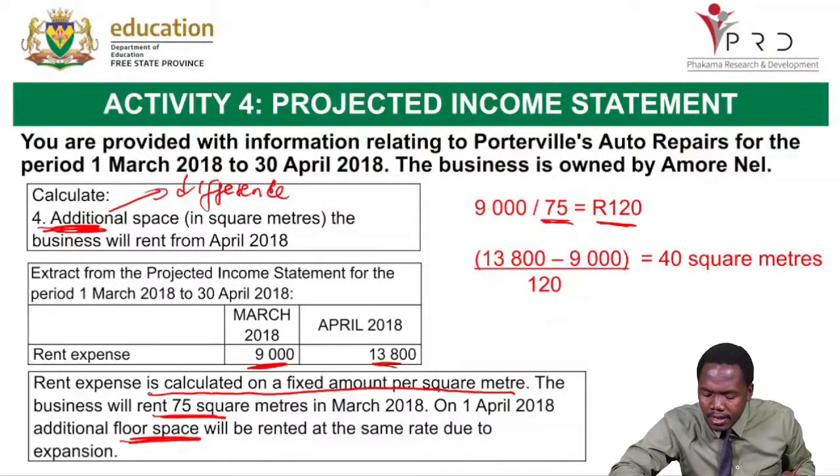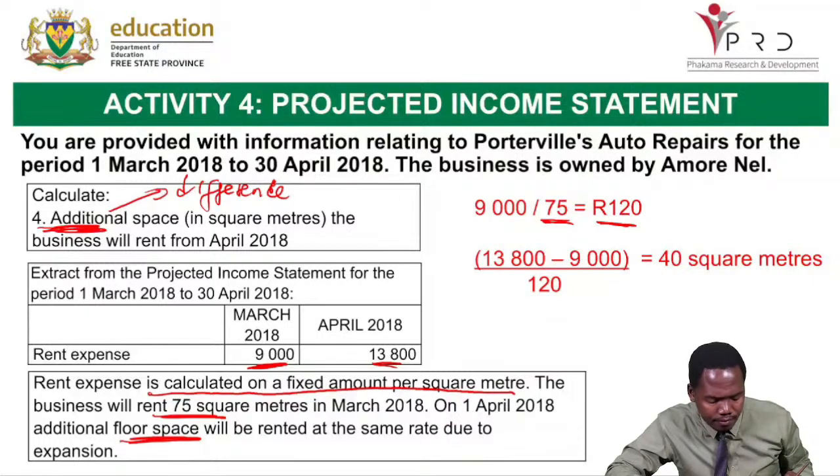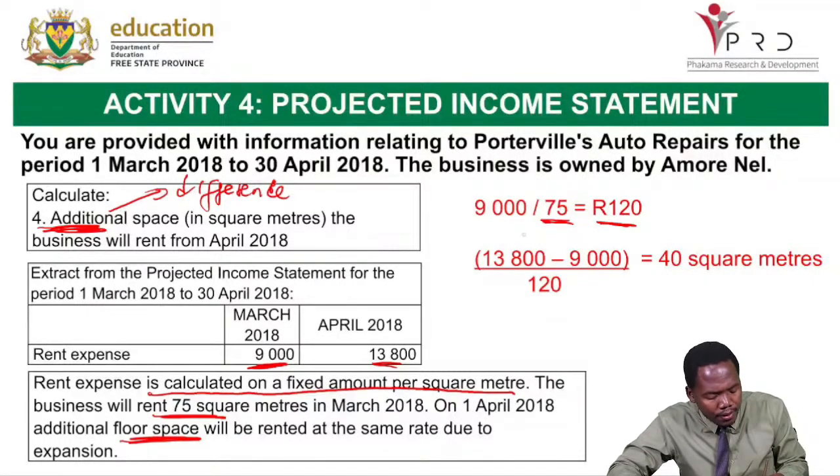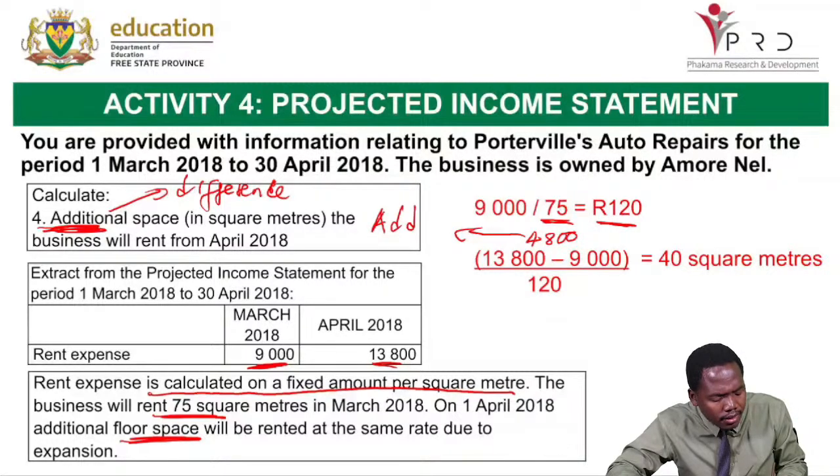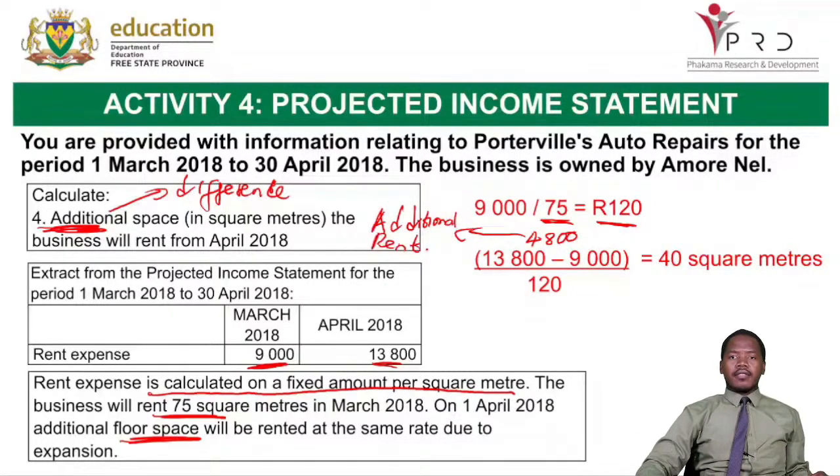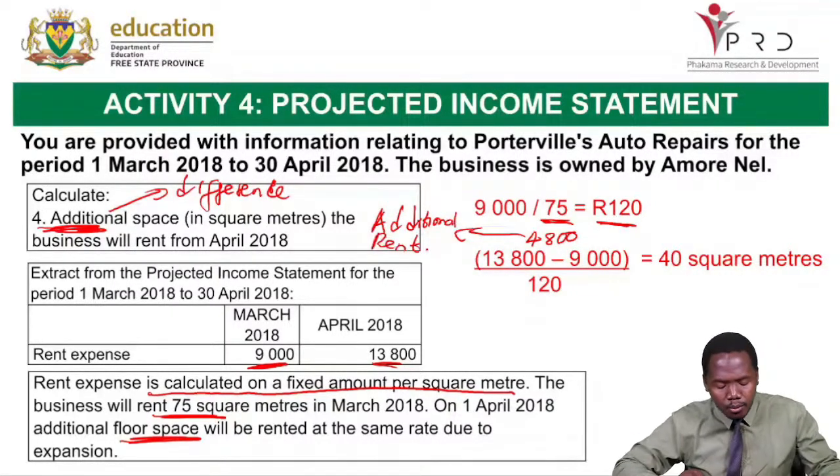Now let us see how much is that difference. 13,800 minus 9,000 is 4,800. Meaning this 4,800 is the additional rent. How much am I paying rent per square meter?